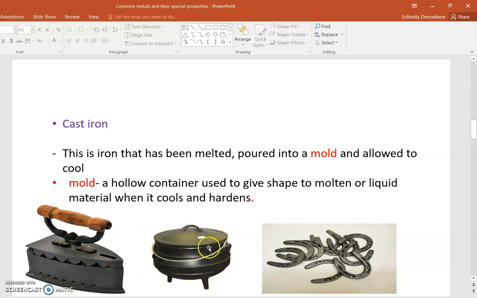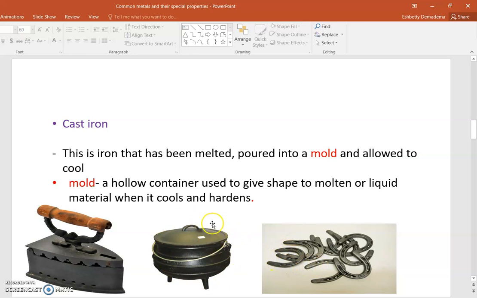So you let it cool down, and then after some time you remove it from the mold and you get your pot, which looks like this. You've got your horseshoes there as well. They also use molds so that the outcome is the same shape as the mold.